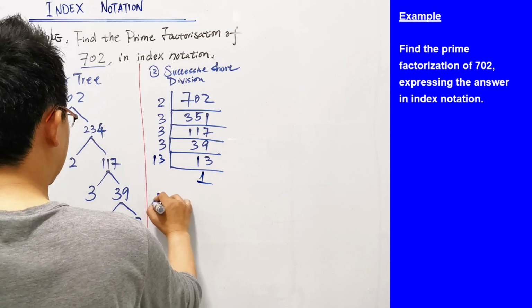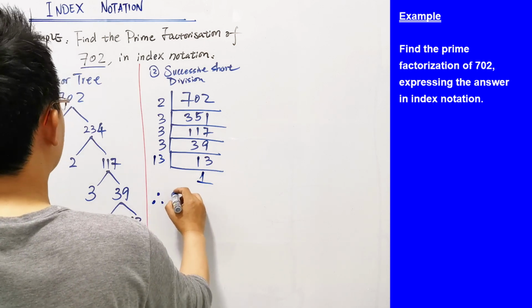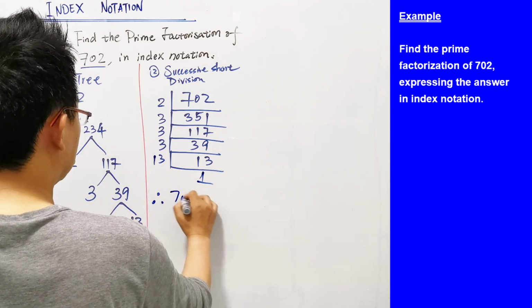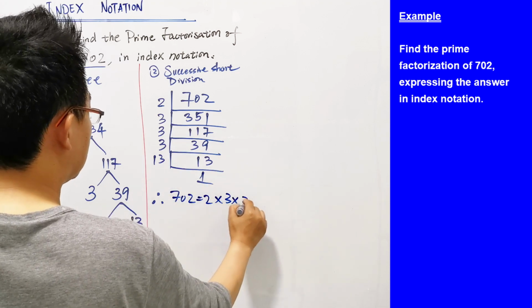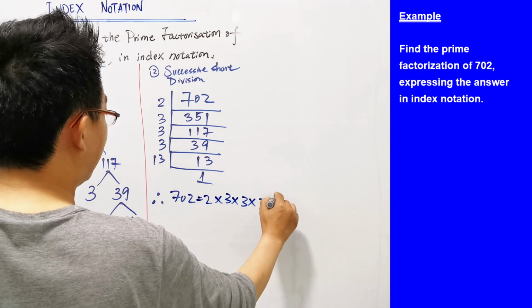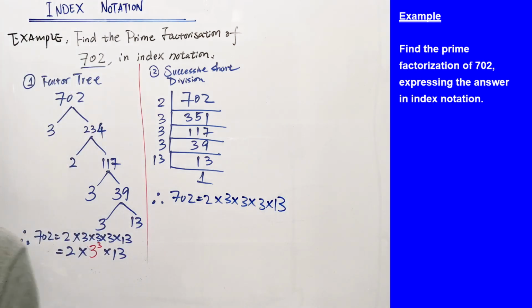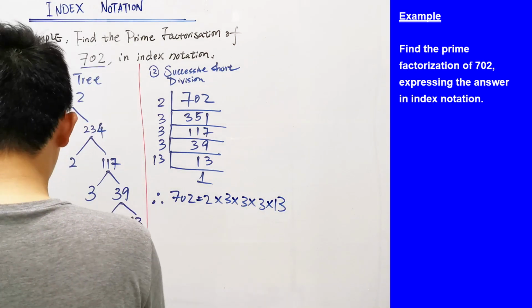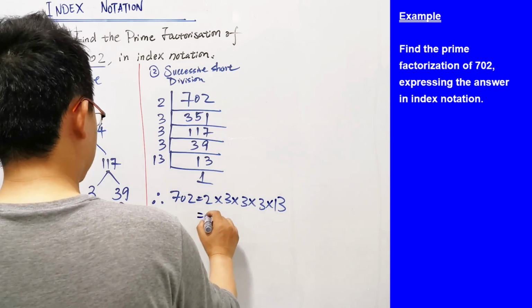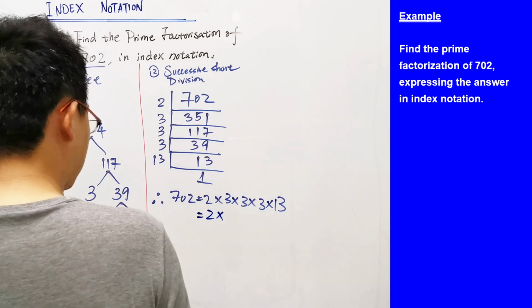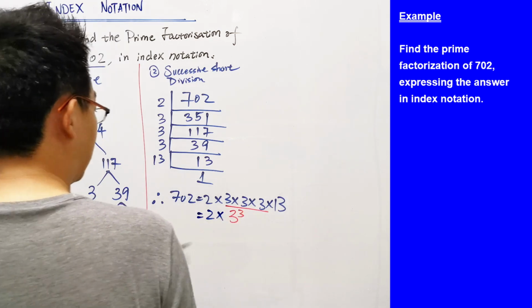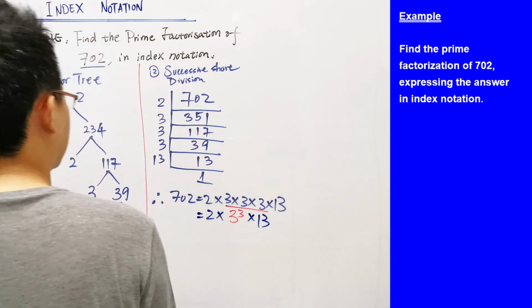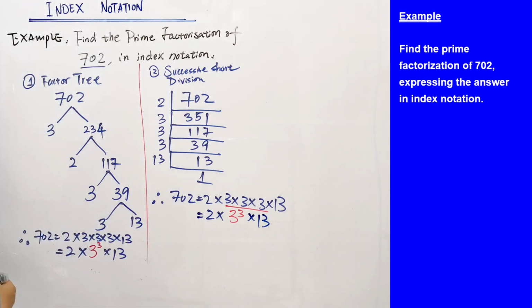So here we got the answer. 702 equals 2 times 3 times 3 times 3 times 13, right? So it's very clear. What's the answer? 2 times 3 cubed, we put these 3s together, then we times 13, right? It's very straightforward, these 2 questions.